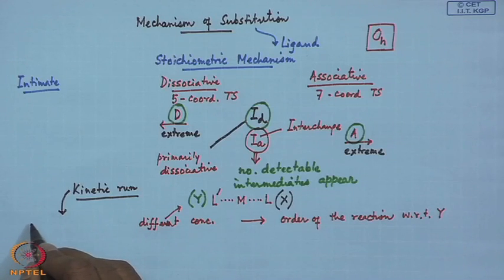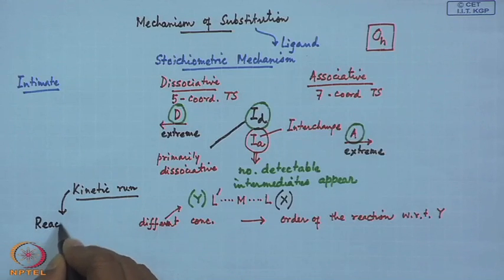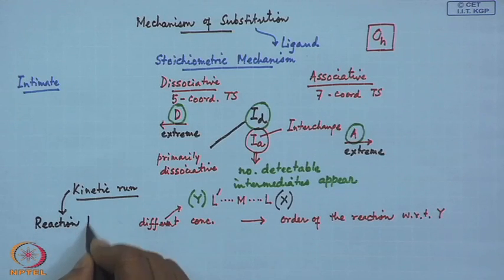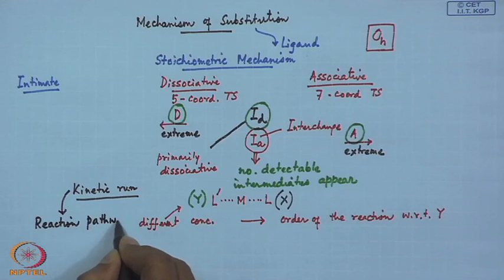of reaction pathways. So, whatever we are talking about here are the different reaction pathways. We want to know what particular pathway is giving a particular type of product.